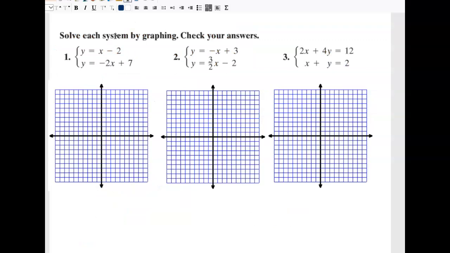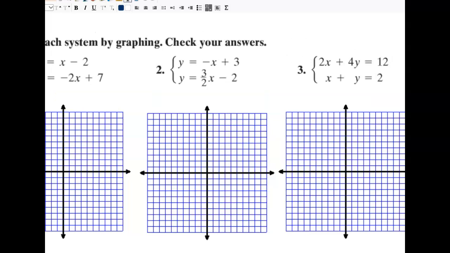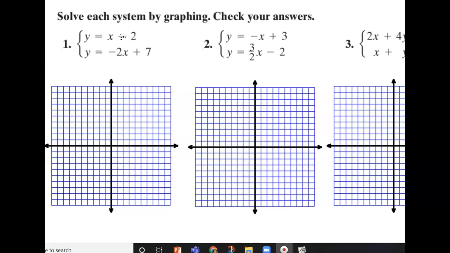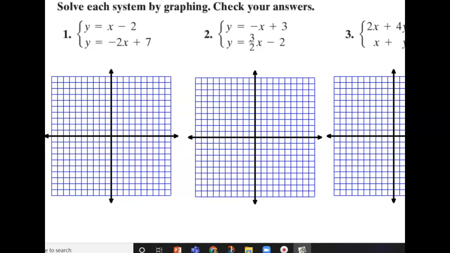Okay, and then for the second part, it says solve each system by graphing. Check your answers. So we are going to graph each of these equations. So number 1, my y-intercept is -2. So we're going to plot a point at -2.